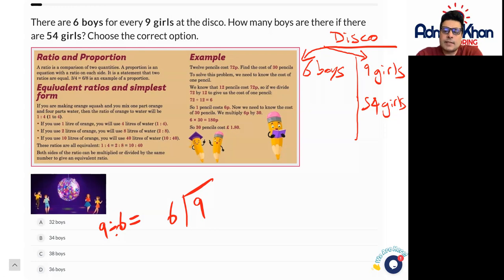So 6 divides into 9 once, and now we have a remainder of 3. But that doesn't give us a correct answer because we need to work out a decimal point. So what we're going to do now is divide only the remainder by 6.